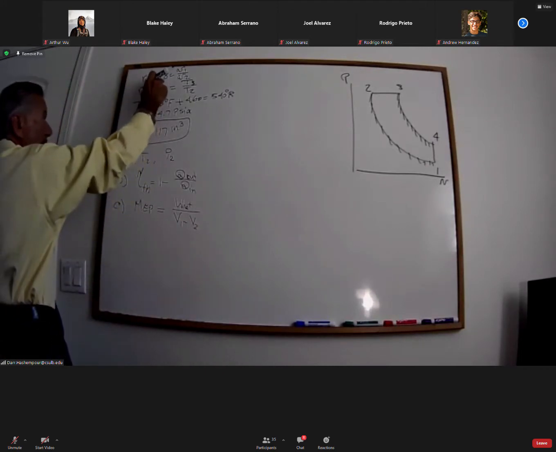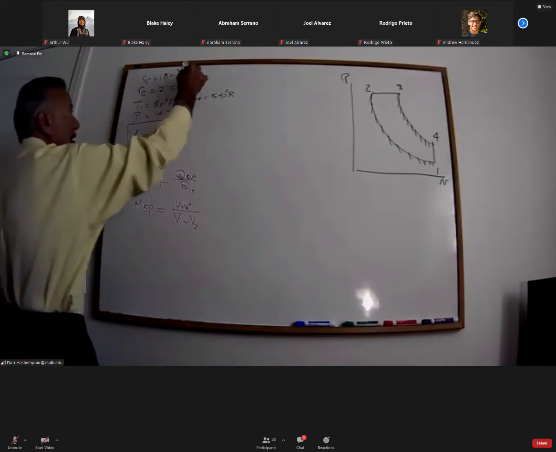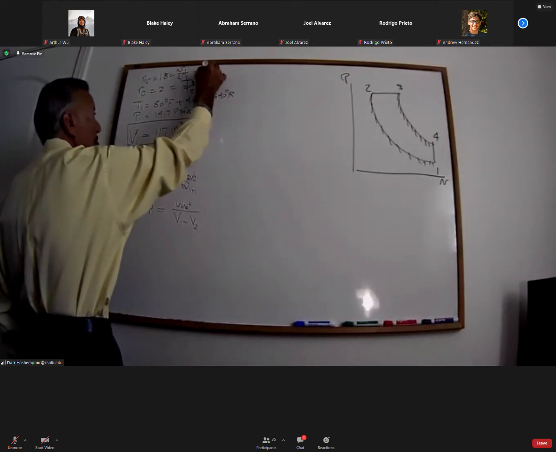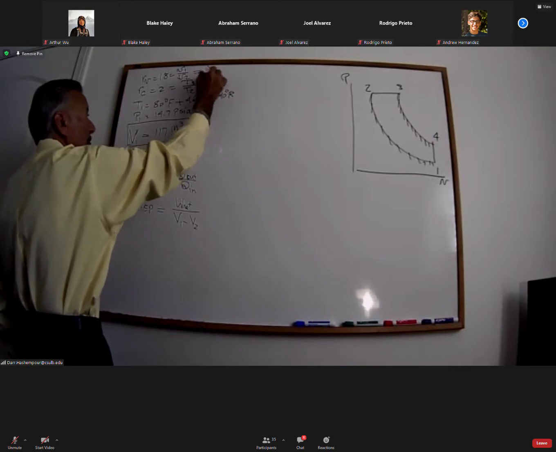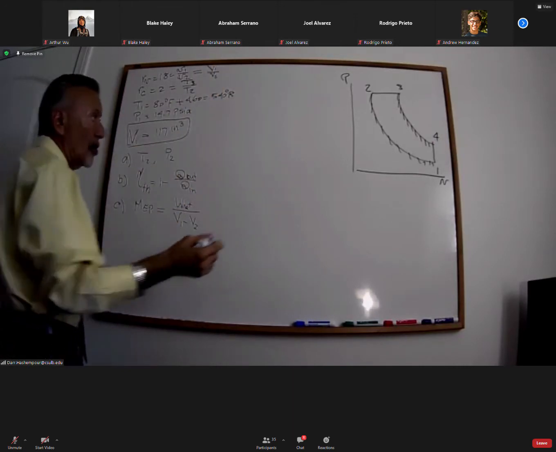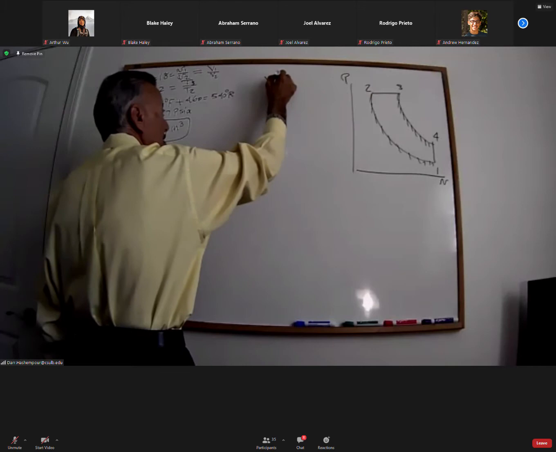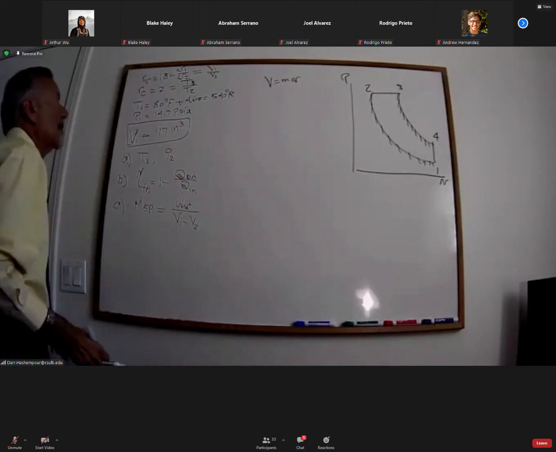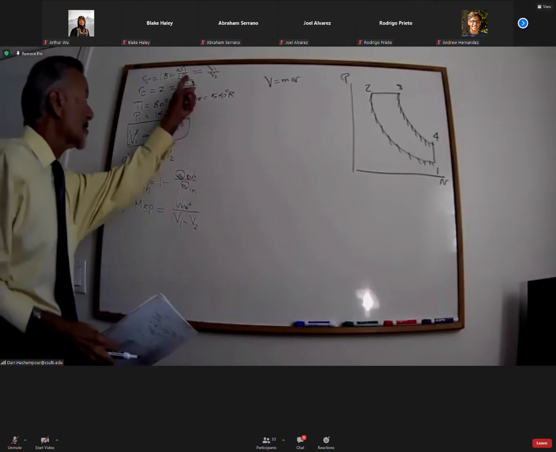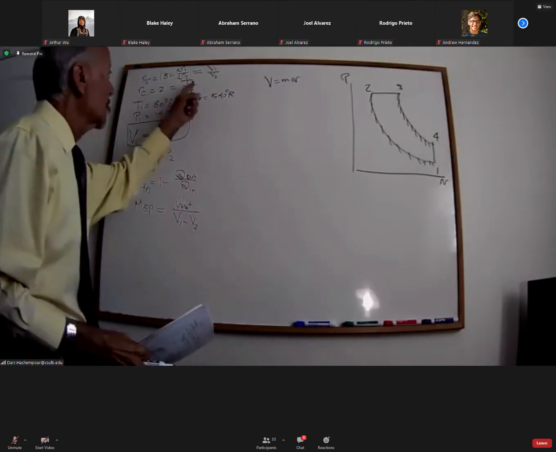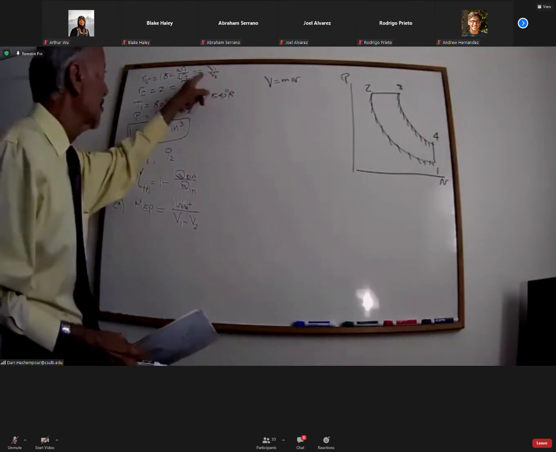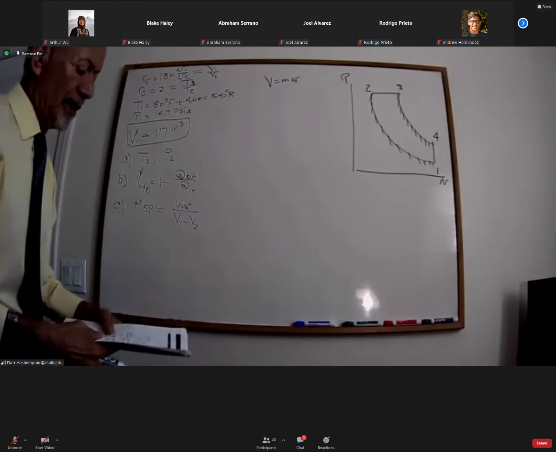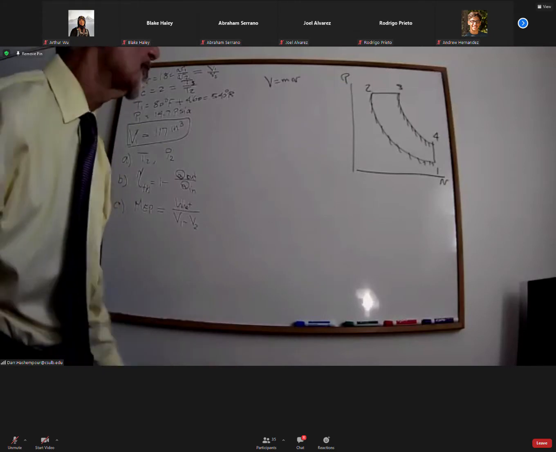Now, I can also write the compression ratio as big V1 over big V2. As you all know, big V is equal to mass times small v. Since the mass is constant, V1 over V2 is just small v1 over v2, same thing. I just want you to be aware of that.